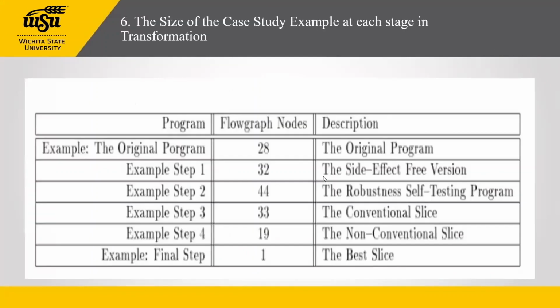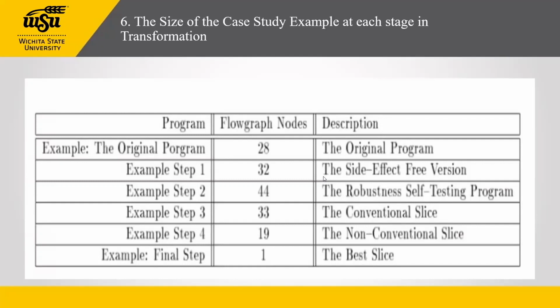Now I'm telling about the sizes, a case study example of the stages in a transformation. There is a program, a flow graph, and a description. The original program flow graph is 28, and that is the description of the original program.